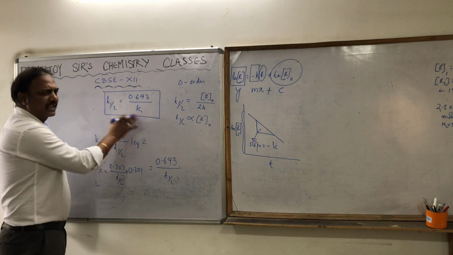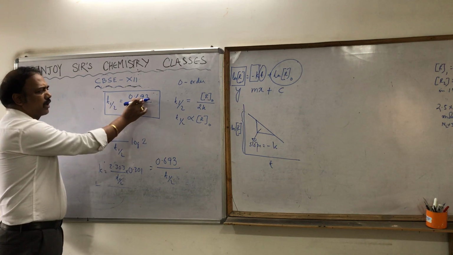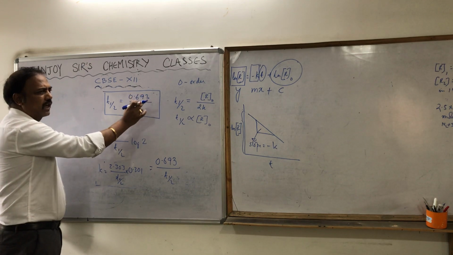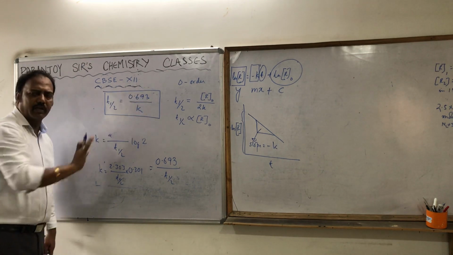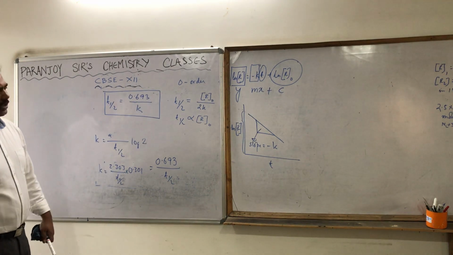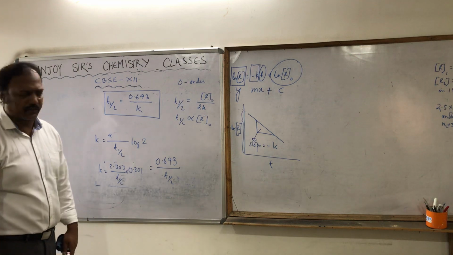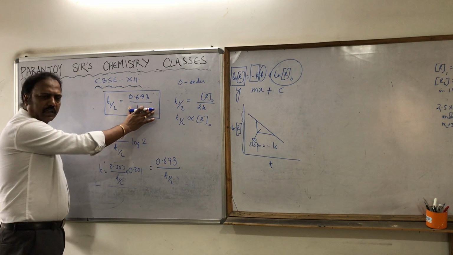But in this case, t half is equal to 0.693 by k. 0.693 is constant, and k is also constant for a particular reaction at a particular condition. k differs from reaction to reaction.